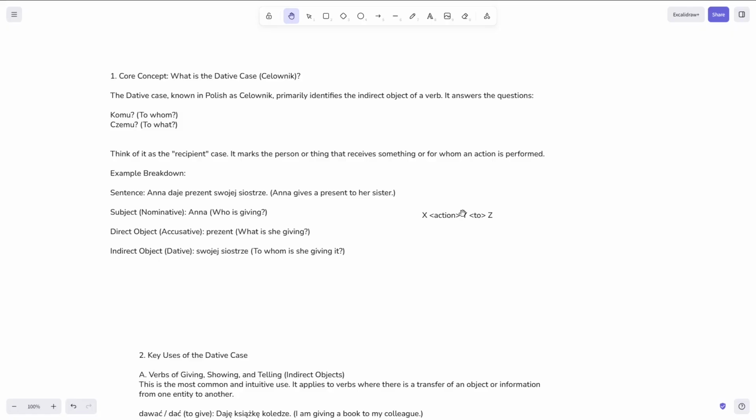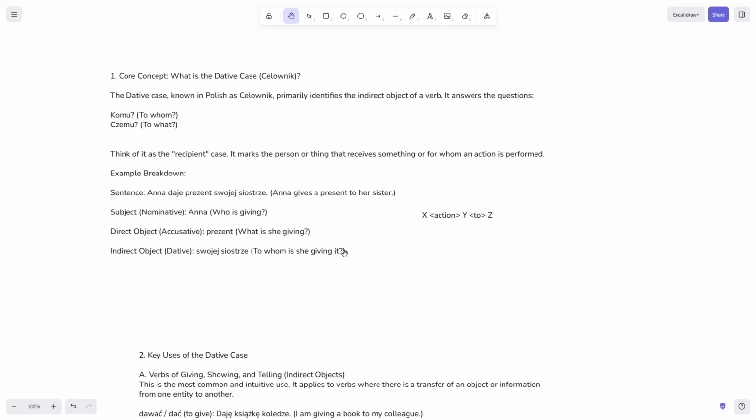And then we have a present to her sister, okay? And her sister would be the Z, and it is the indirect object, okay? Which is in the dative case, okay? Basically meaning to whom is she giving it. So again, who is giving? Anna. What is she giving? A present.